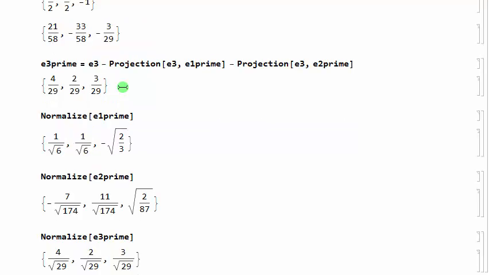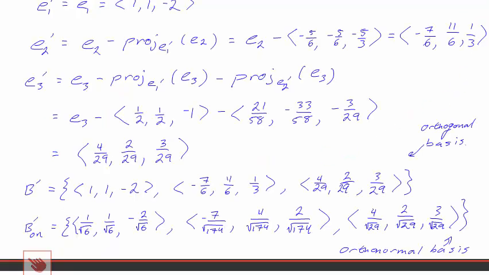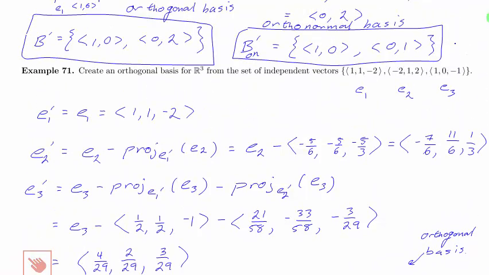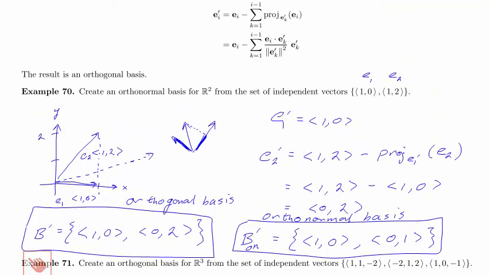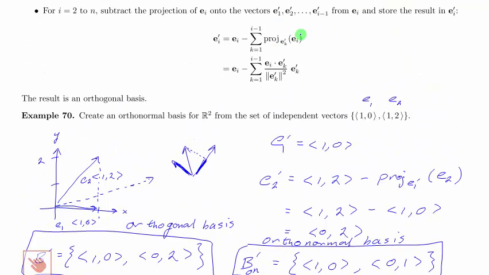So the implementation in Mathematica is very straightforward, and you could program it as a loop and index the set of vectors and then go through and generate this with a sum. But if we're working in just 2 or 3 dimensions, then it may not be worth the additional effort and naming needed to get this set up to work. So that's the Gram Schmidt orthogonalization process.